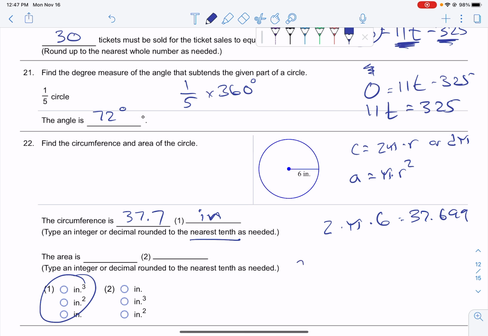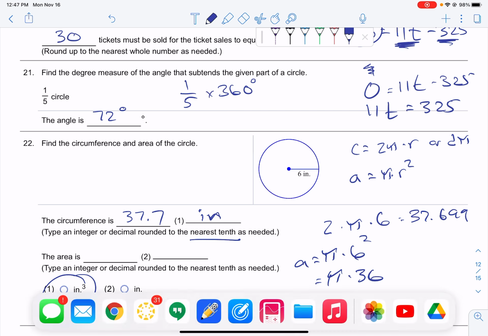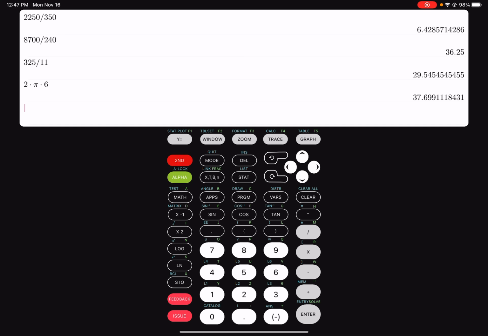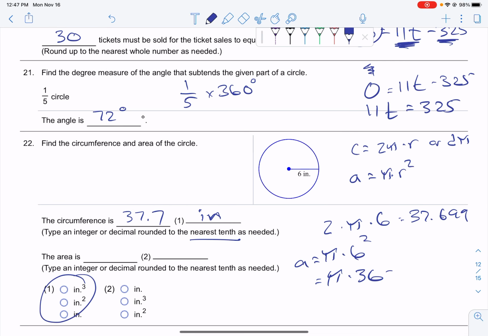My area is going to equal pi times radius, which is 6 squared, which is going to equal pi times 36, which is 113.097.